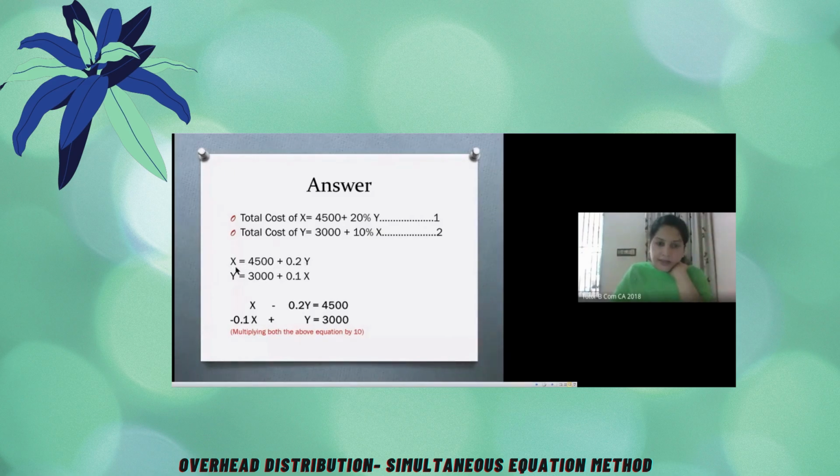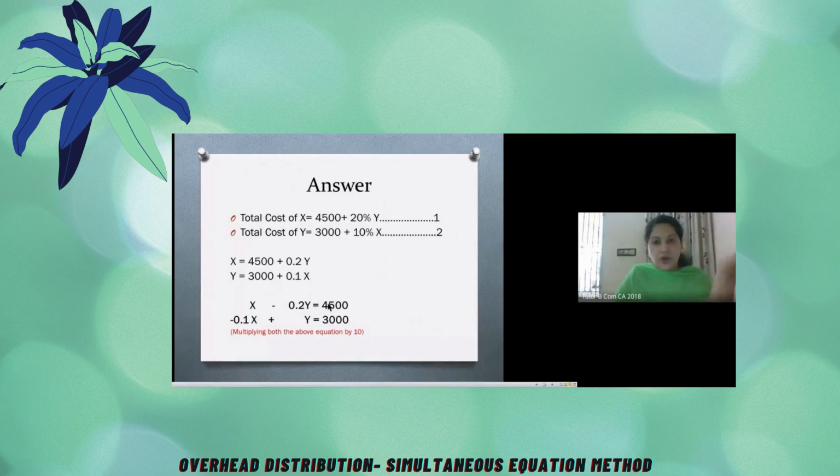X minus, when I'm bringing this to the left side, it will be X minus 0.2Y is equal to 4,500. In this case, since I wanted both the X in the same side, I did it like this: minus 0.1X plus Y is equal to 3,000. So I got my algebraic equation.